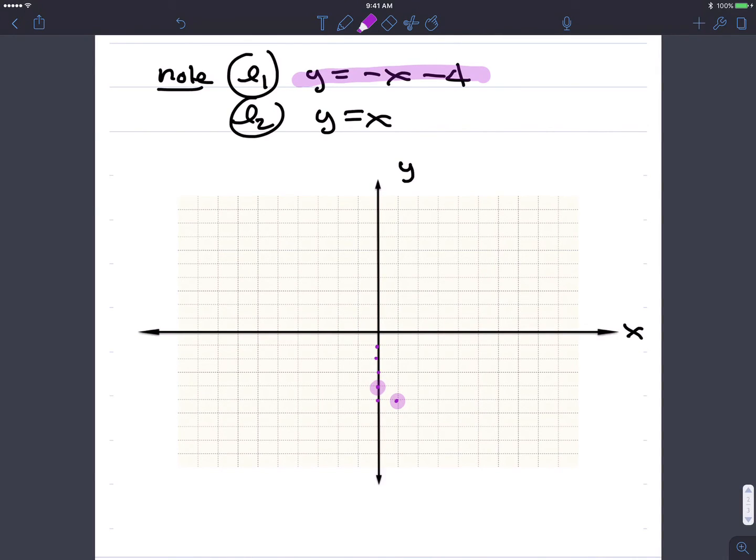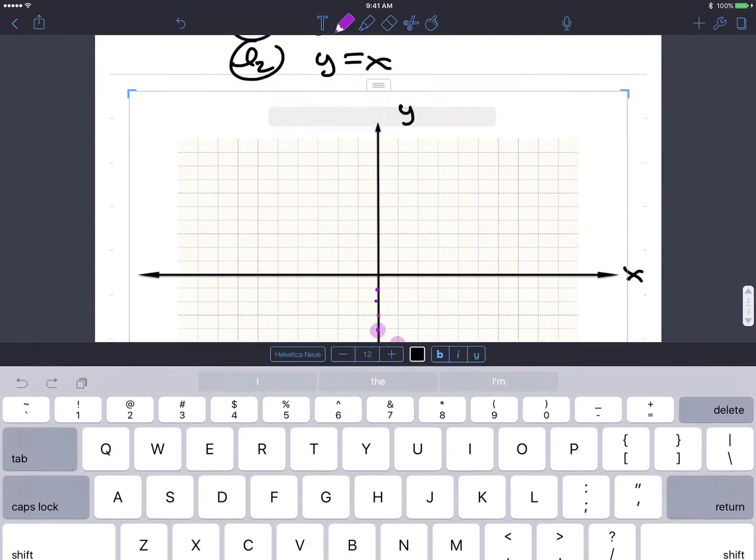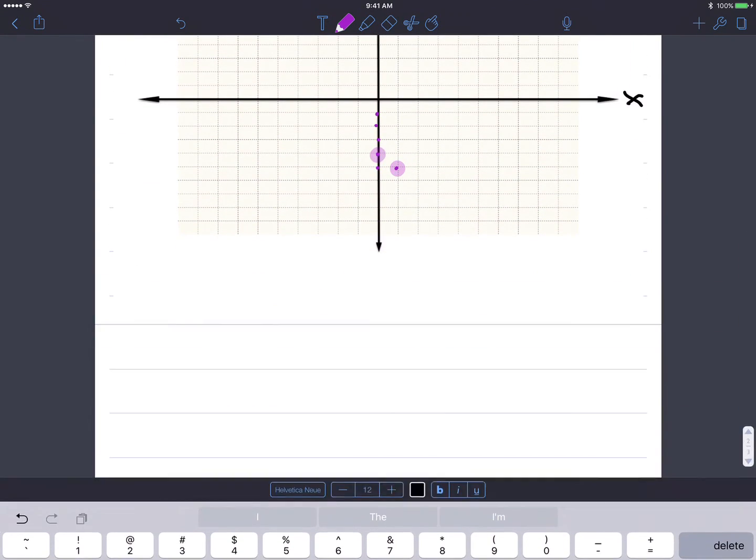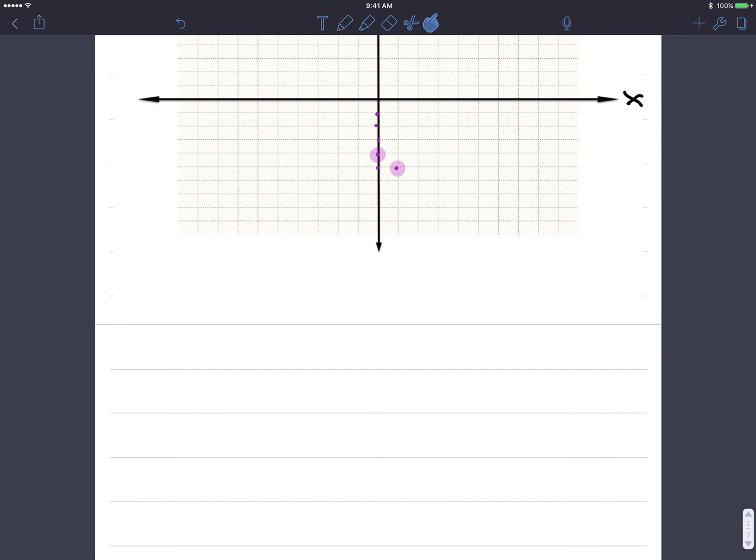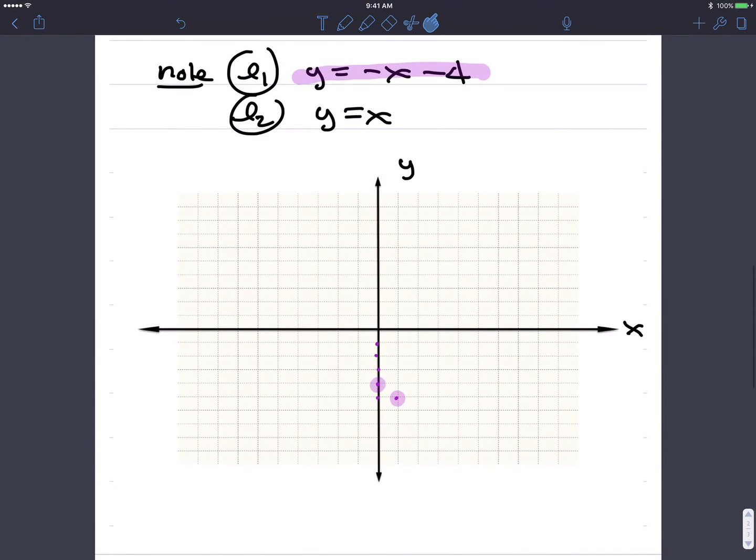We need our ruler because we're going to draw a line.